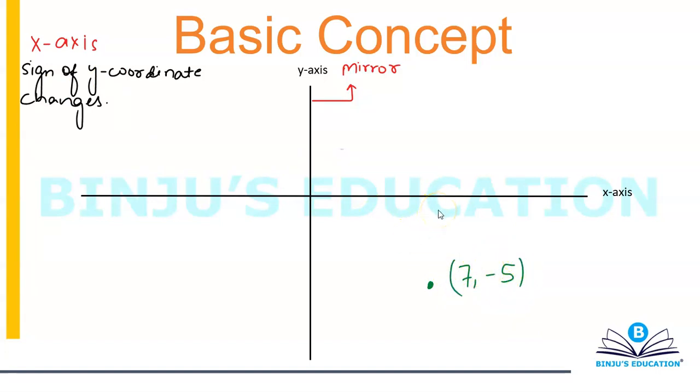It will be 7 comma minus 5, which means this distance here would be 7, and this distance would be 5.